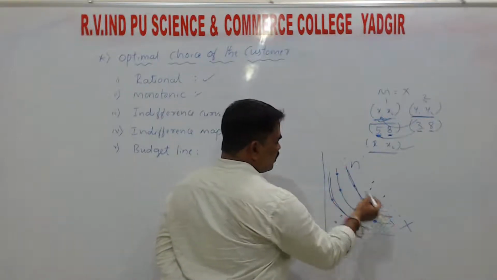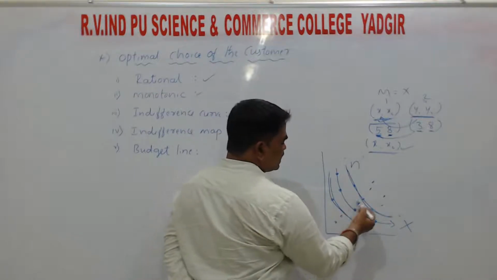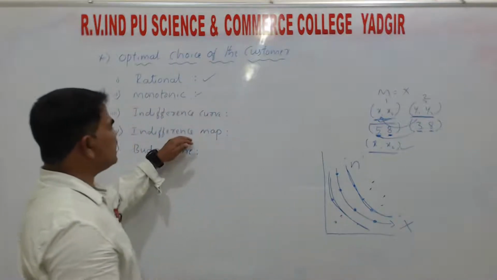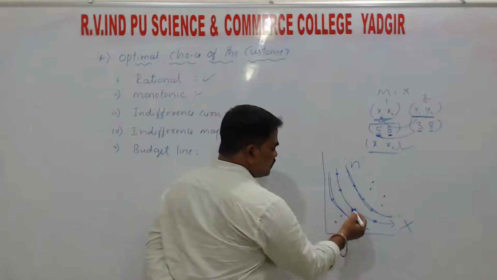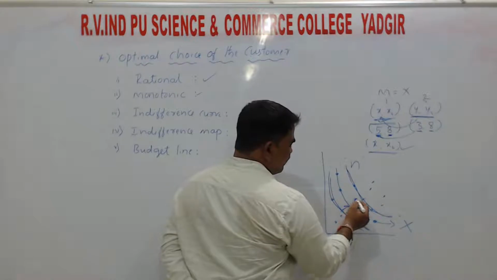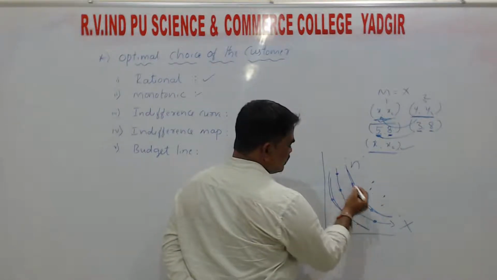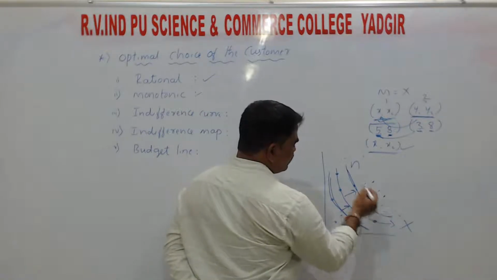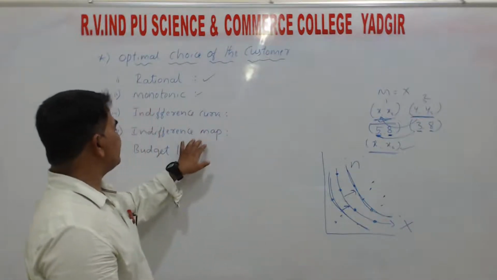So when we have these indifference curves, that we call an indifference map. When we give him these two curves, or the bundles on these two curves, he will always go with the bundles which are on this curve. That we call an indifference map.